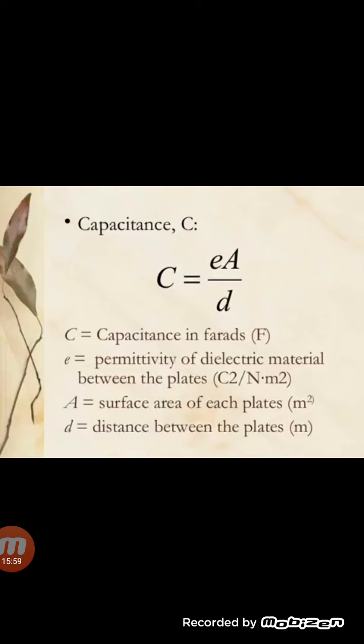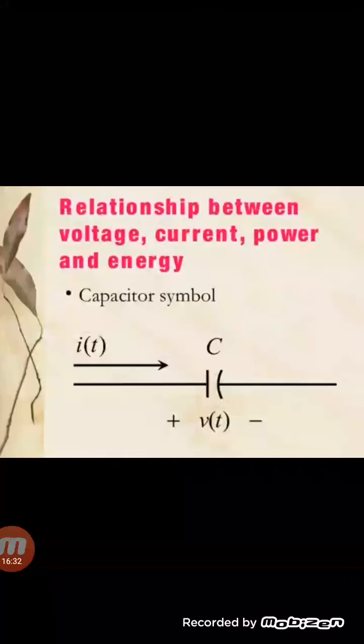When the two plates of the capacitor are filled with any dielectric, then C is equal to epsilon A over d. The surface area of each plate is represented in meters squared, d is the distance between the plates in meters, and C the capacitance in farads.